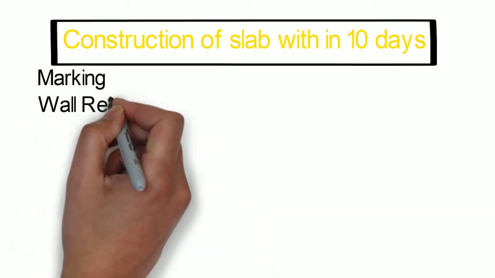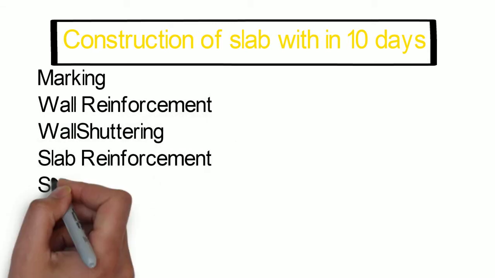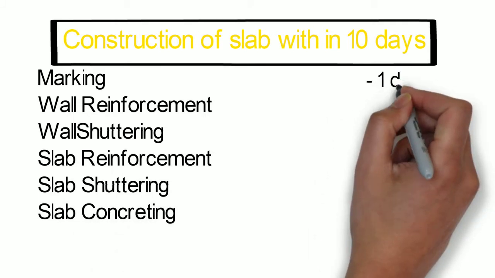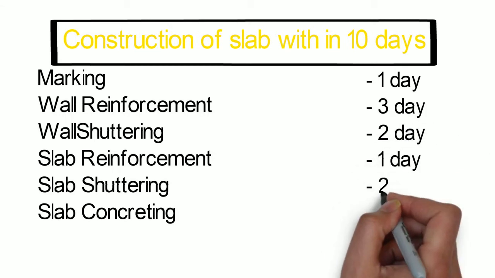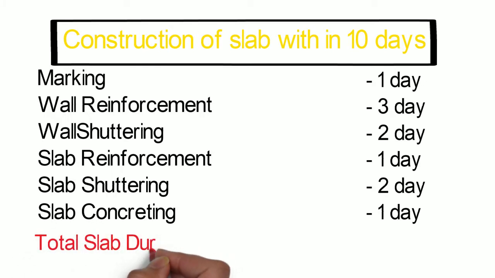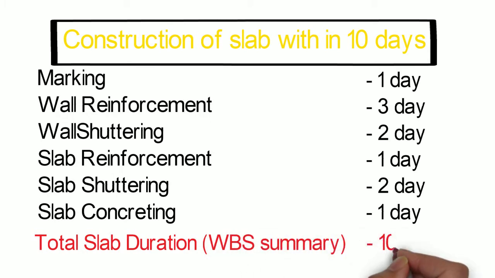Marking, wall reinforcement, wall shuttering, slab reinforcement, slab shuttering, slab concrete. These activities will complete in 1 day, 3 days, 2 days, 1 day, 2 days, and 1 day. So their total, the slab duration, which we call WBS summary, will be complete in 10 days.